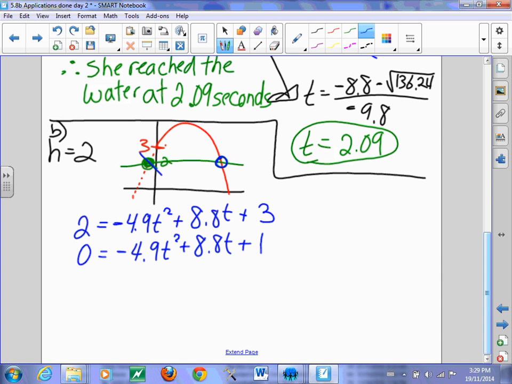Now that you know what your A, B, and C are, you can plug it into your formula. So it's going to be t equals negative 8.8 plus or minus the square root of 8.8 squared minus 4 times A times C, which is 1, sorry, let me back that up.